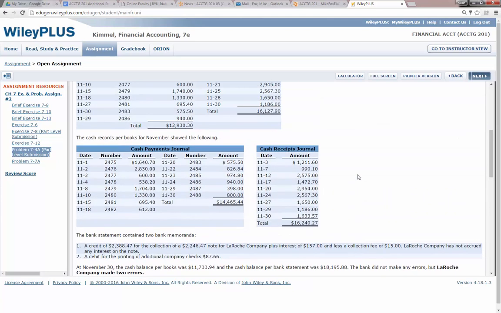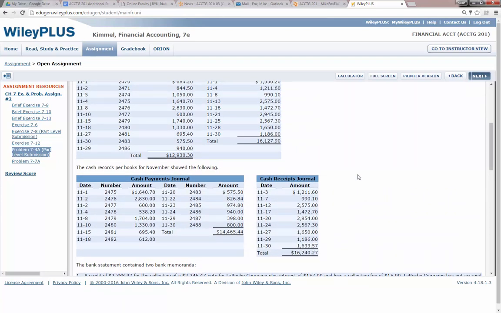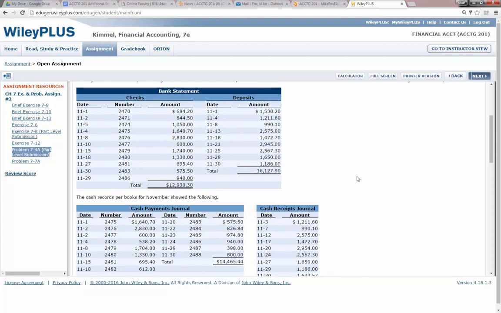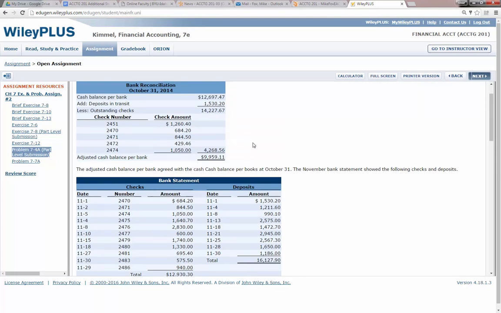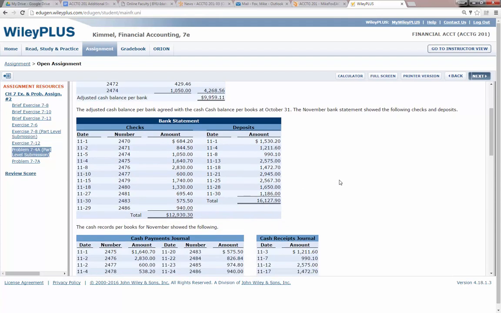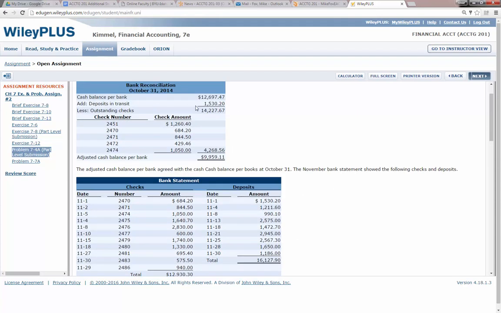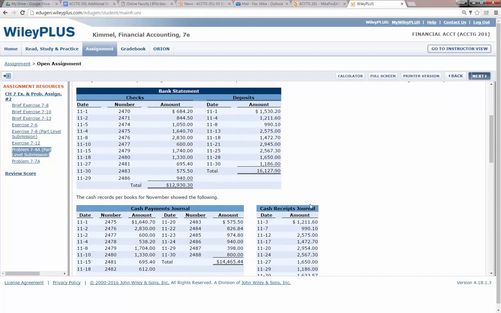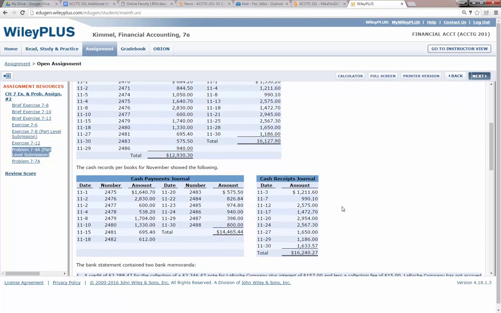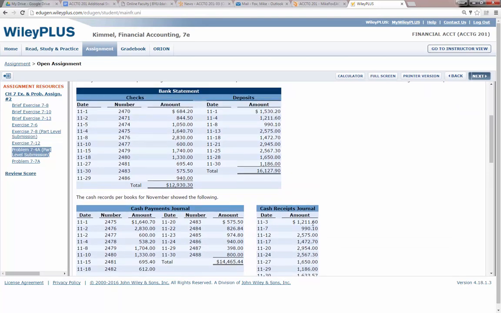And it wants us to figure these out by looking at all the deposits that are on our bank statement here. You'll see that last month they had a deposit in transit of $1,530, and then that showed up here on November 1st. And then we can look down here and see our cash receipts journal from our books and match up each of these deposits with the bank statement.